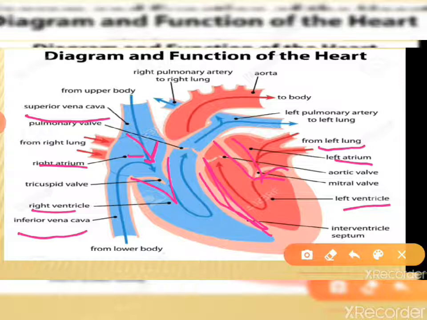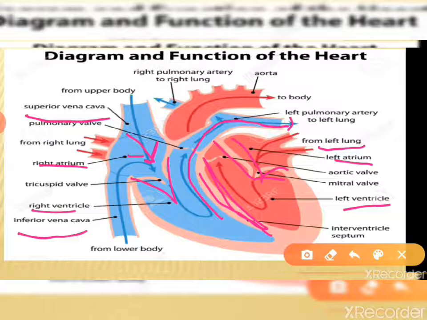When they are completely filled, the valves close so that there is no backflow of blood from the ventricle back into the atrium. Now the heart contracts. The muscles of the heart contract. And when the heart contracts, the blood from the right ventricle is pushed into the pulmonary artery to be sent to lungs for purification.